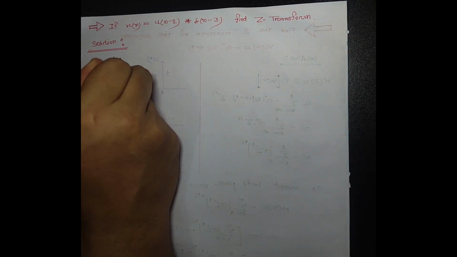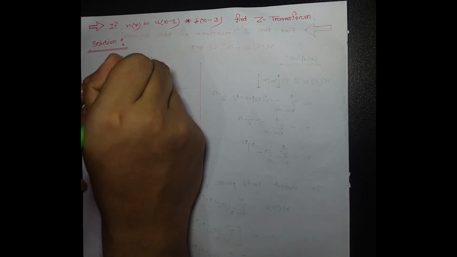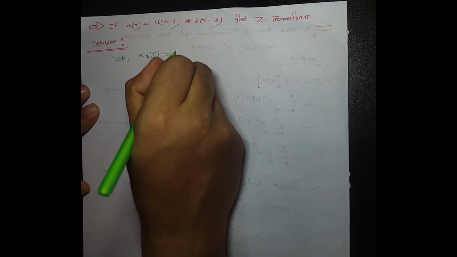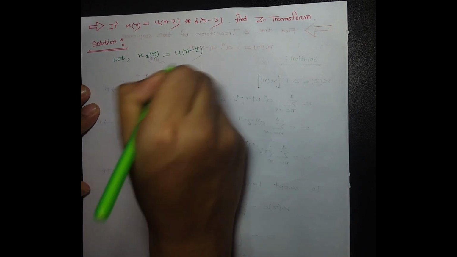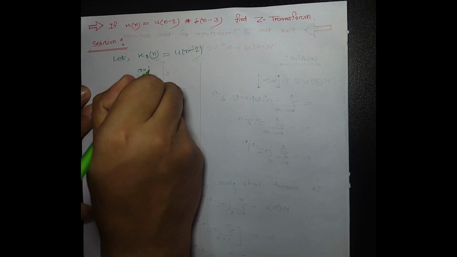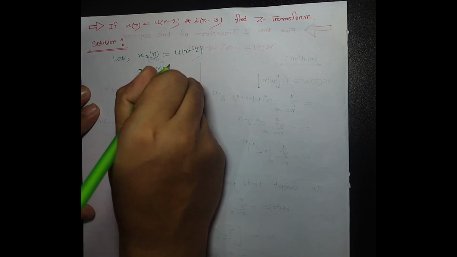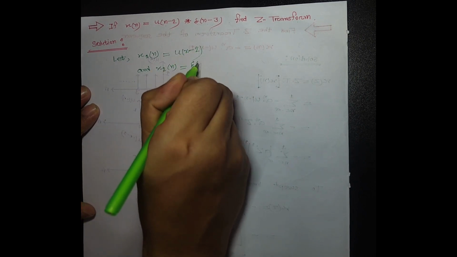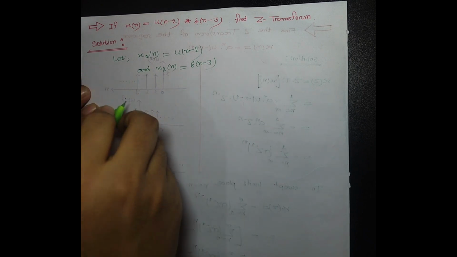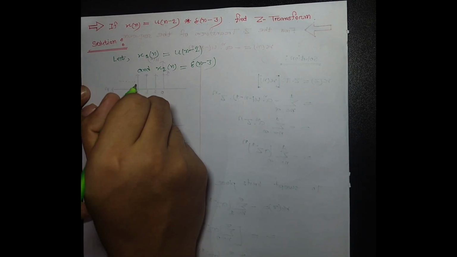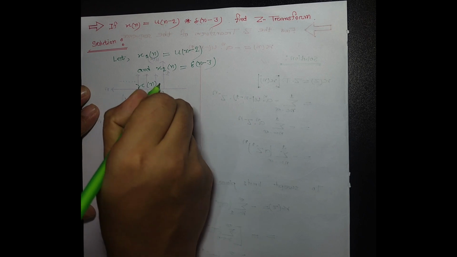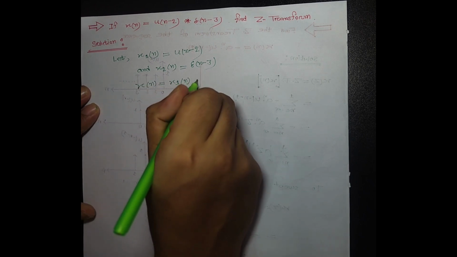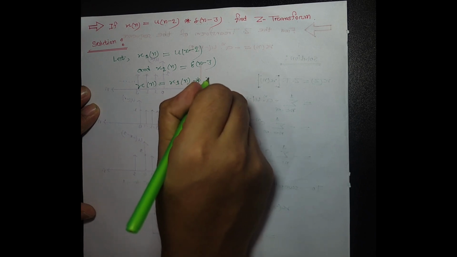Let x1 n equal to u of n minus 2 and x2 n equal to delta of n minus 3, and x n equal to x1 n convolution of x2 n.